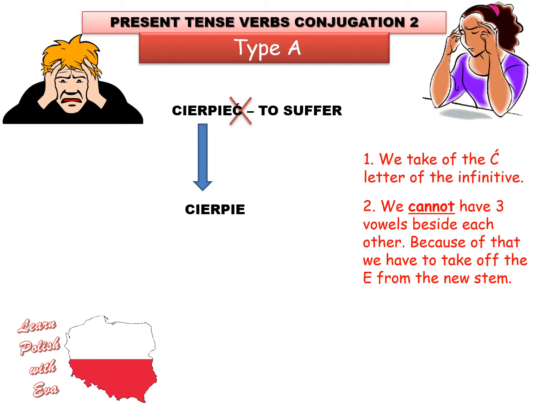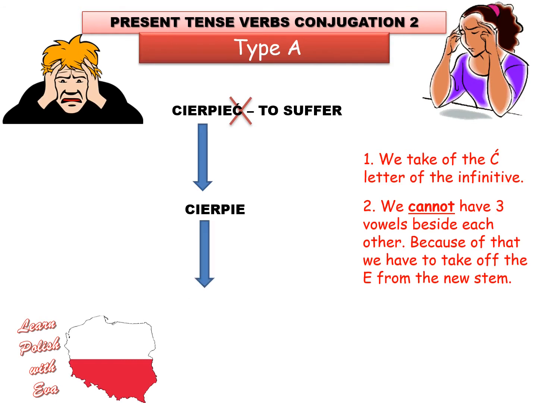We do that for the phonetics, because if you would imagine this verb with this stem, we would have to say in the first person singular, cierpieię. It doesn't come out naturally and it's hard to pronounce. It forces you to do a kind of hard stop, because you have to accent the letter. It doesn't work. So because of that, we're going to take off that e.